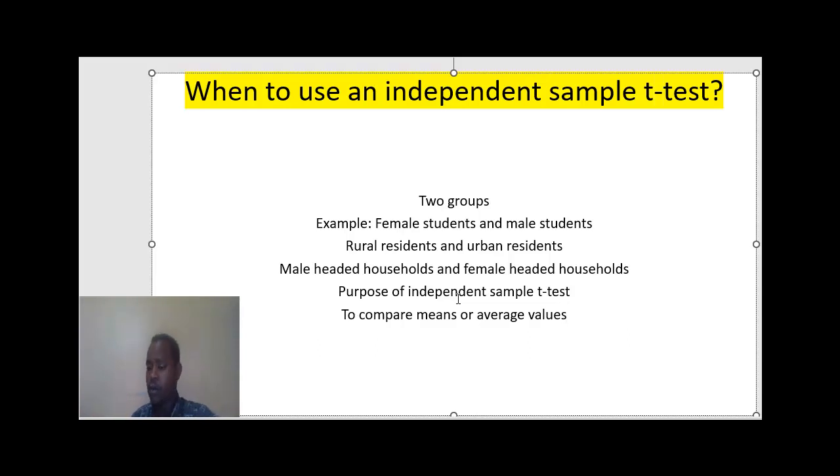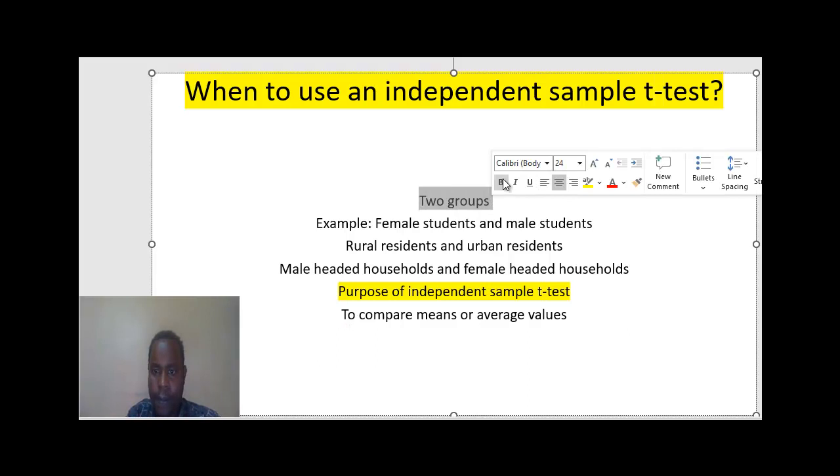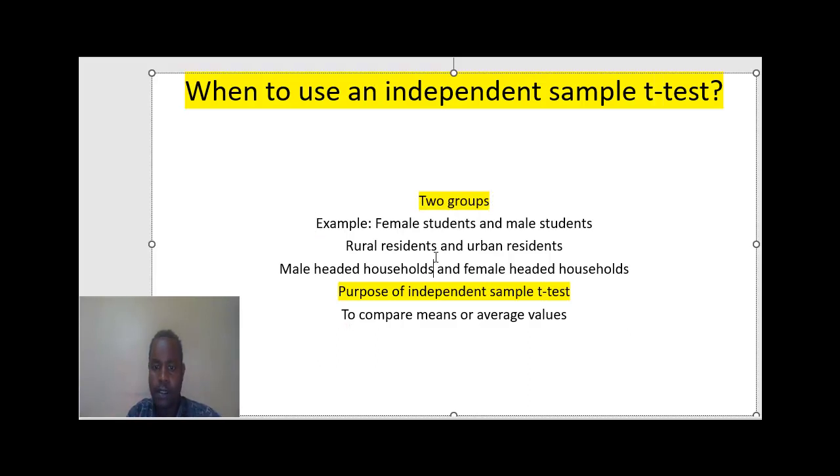So the purpose, we use t-test to compare and contrast the means or the average values of two groups. Okay, the point is that the aim of using independent sample t-test or two-sample t-test is to ensure whether or not there is average value difference between two groups.